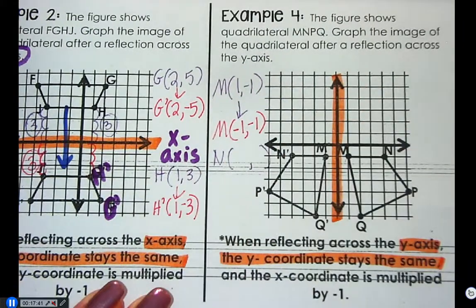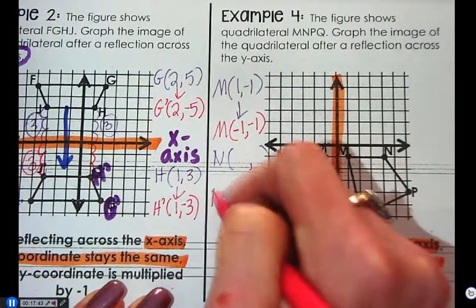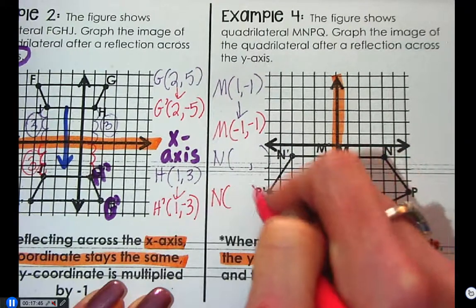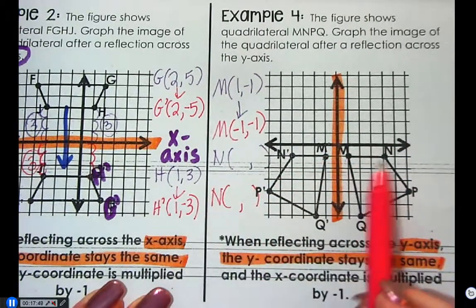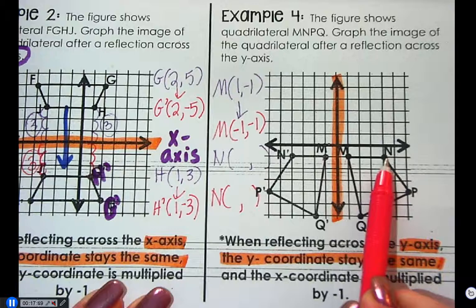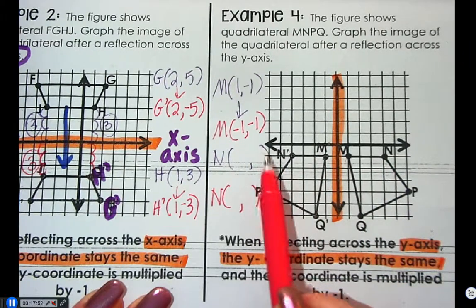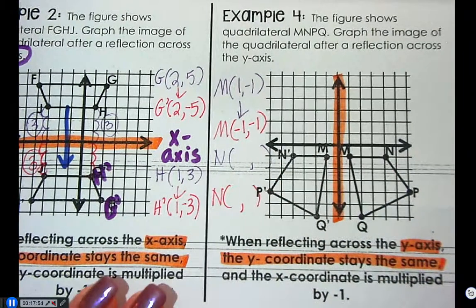And then I want you to write the changed coordinate. So write your original N, the coordinate, and then write your N prime. And then let's see if we can find that relationship. So go ahead and do that now, if you haven't already.